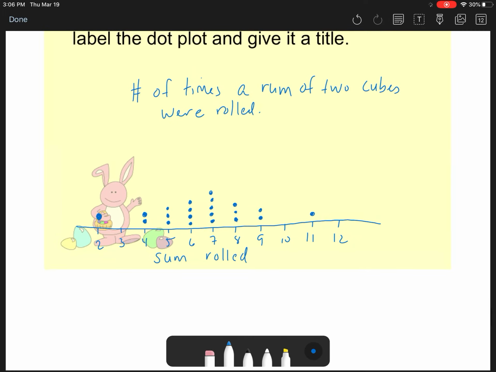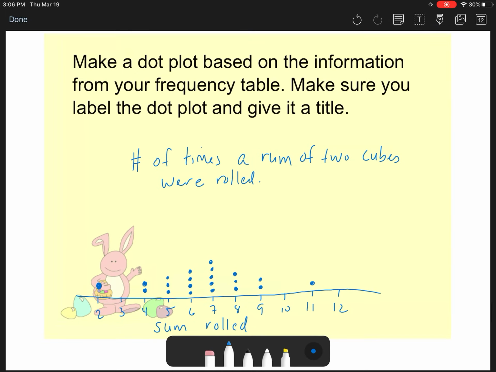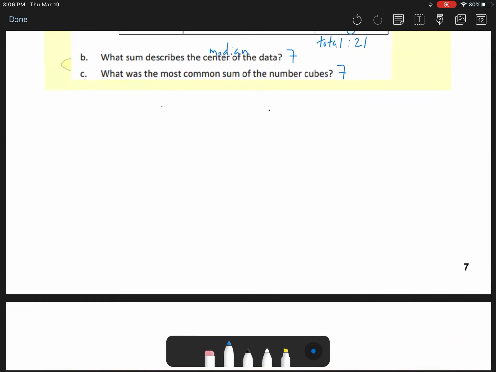Okay. And again, now you see here, where does the middle of the data look? It looks like it's right at 7, and that matches your median. So the whole purpose of a dot plot is to really give you a good visual as to where the center of the data is going to lie. Sometimes we may not always be able to see it as clearly in a frequency table or in a tally.